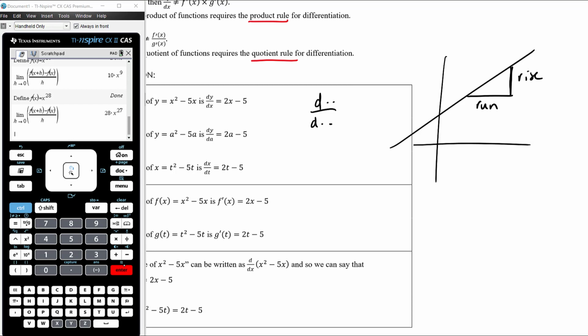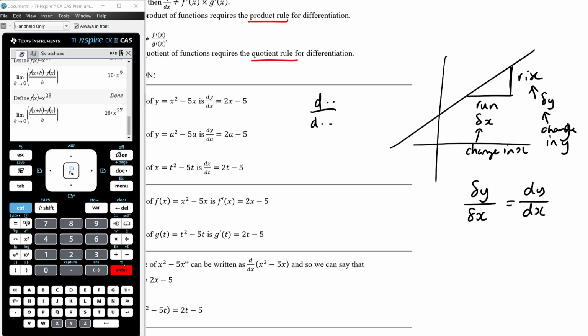So we would talk about the run as being delta x, change in x, and the rise would be delta y, change in y. And if we didn't use capital delta, if we use lowercase delta, it would be this. And so the gradient is the change in y over the change in x, which has gradually evolved to be dy dx.